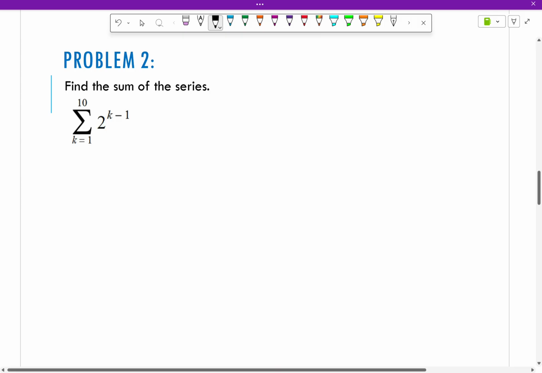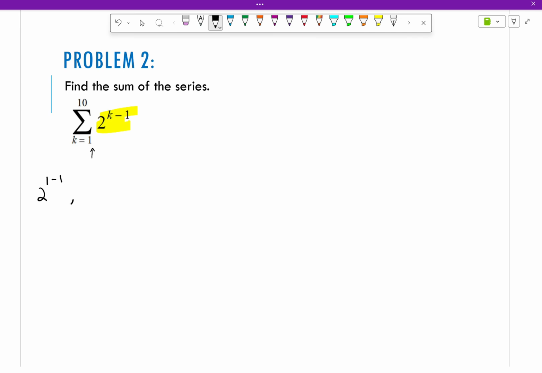All right. Our next one is called sigma notation, and I will show you how to use it. This shows up when we're trying to add up a bunch of numbers. Down here where we see k equals 1, this is saying that the first number we would plug into k in this expression would be 1. So we would say 2 to the 1 minus 1.